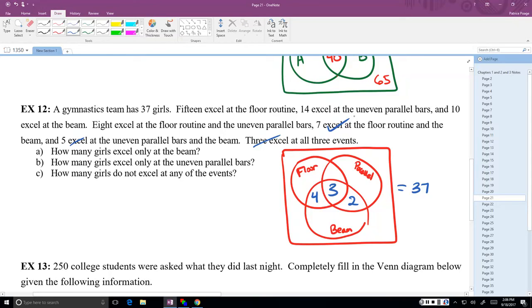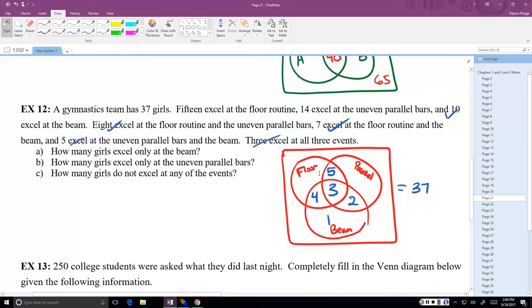8 excel at the floor and uneven parallel bars. I already have a 3 in there. That leaves a 5. 10 excel at the beam. So my whole circle for the beam is going to add up to 10. Right now it adds up to 9, so that leaves 1. 14 excel at the parallel bars.